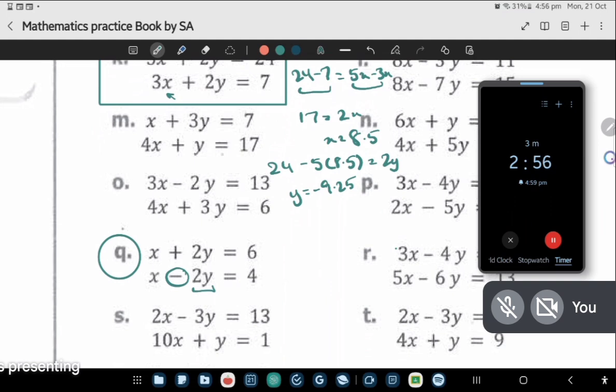So you try the entire step by step process. x minus 6 equals 2y, x plus 4 equals 2y.